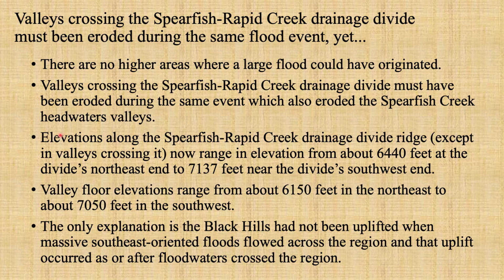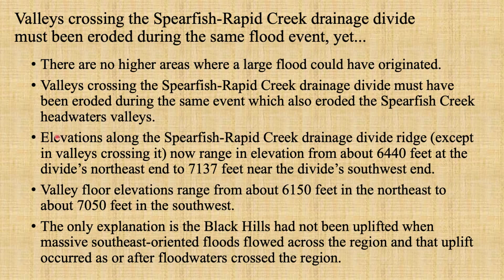I think that the best interpretation for the valleys that I've shown you is that the valleys were all eroded during the same event, which eroded the Spearfish Creek headwaters valleys and also the Rapid Creek headwaters valley.